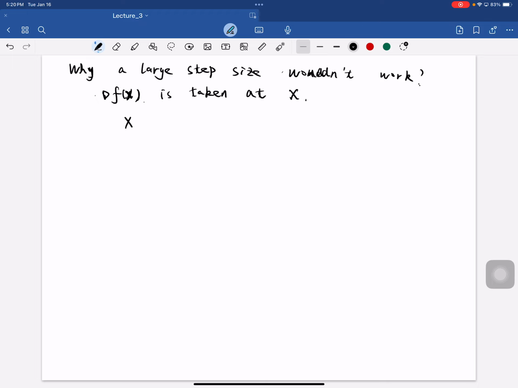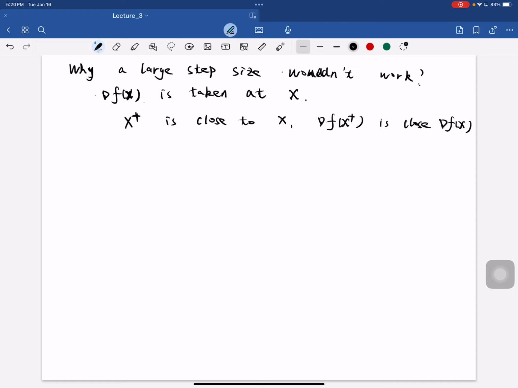if you take x to the next point x plus, and x plus is close to x, you would expect the gradient at x plus is close to the gradient at x, right?